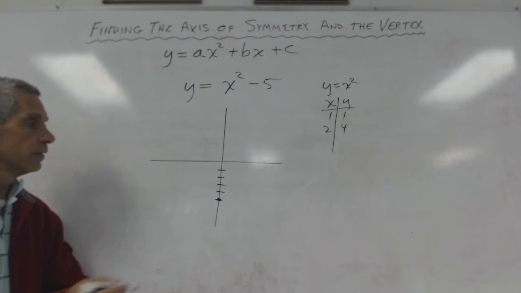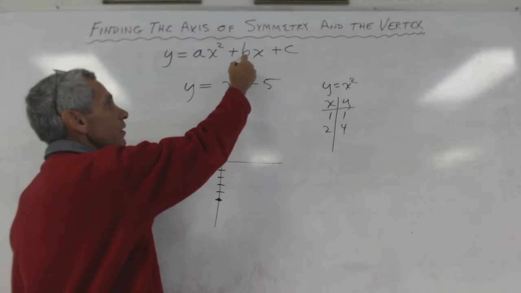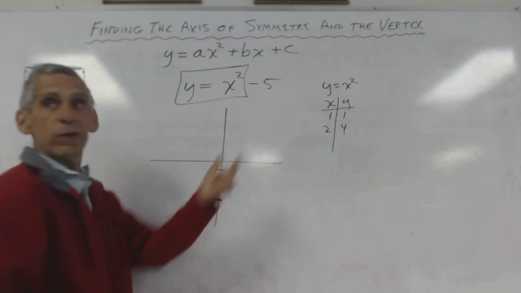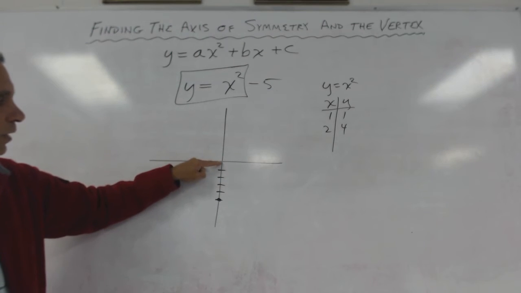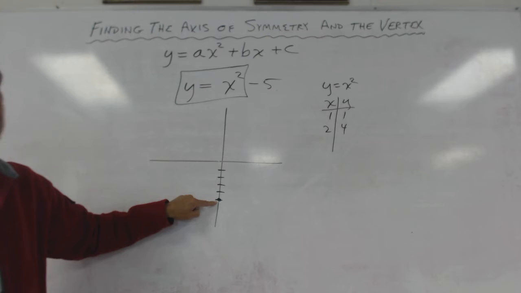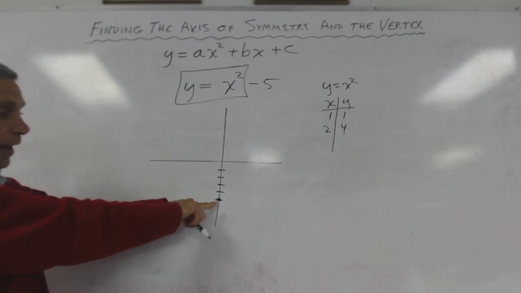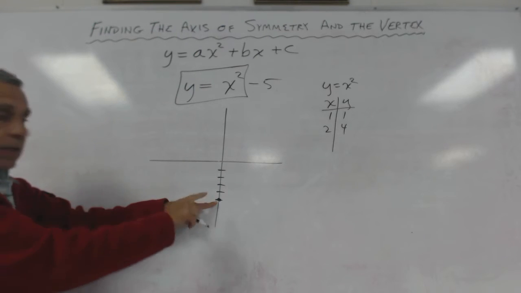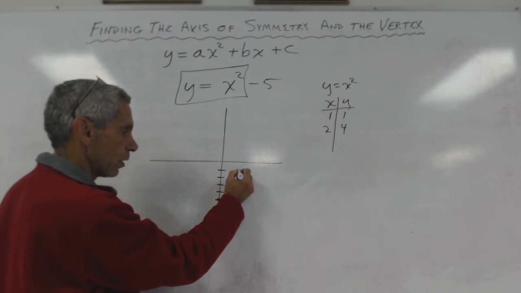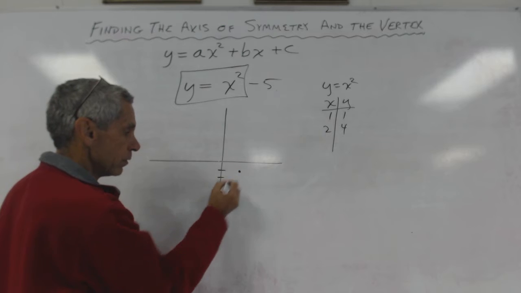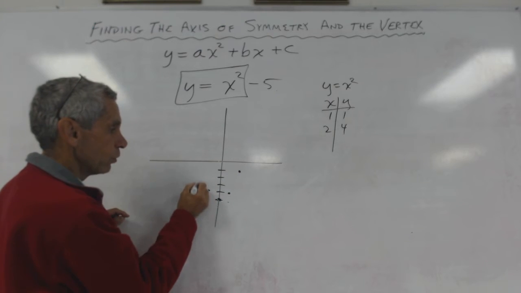Everybody gets that, right? Once we have moved our vertex from here down 5, now we have y equals x squared at this point. So we just go over 1, up 1, dot. Over 2, up 4, dot. Over 1, up 1, dot. Over 2, up 4, dot.